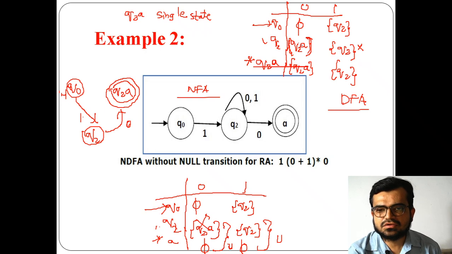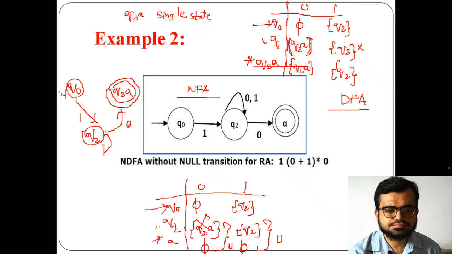When it is 0, it is going towards this one, and when it is 1, it is repeating to itself. So here it is repeating.